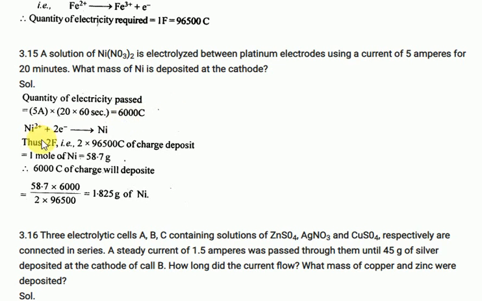For the reduction of nickel plus 2 to nickel, how many Faradays are required? 2 Faradays. 2 Faraday charge is required to deposit 58.7 grams. Here 6000 coulomb charge is there. So it is 58.7 into coulomb charge by 2 into Faradays. This much amount of nickel will be deposited.